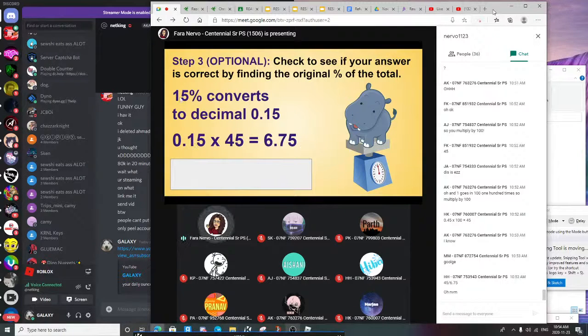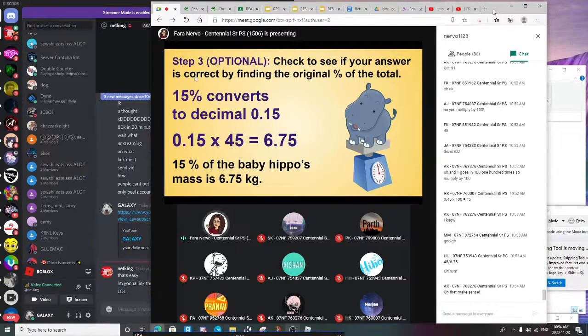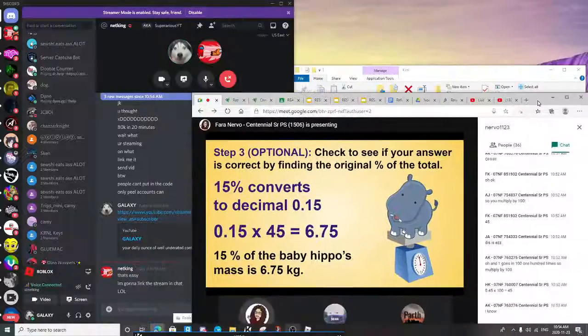So this tells us that 15% of 45 is 6.75, checking and confirming that 15% of the hippo's mass is 6.75. You don't have to do this step, and if it confuses you, ignore it. But if you are able to follow this, it is a way of checking to make sure.